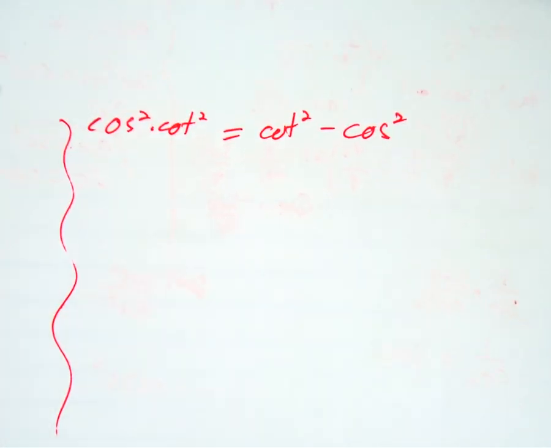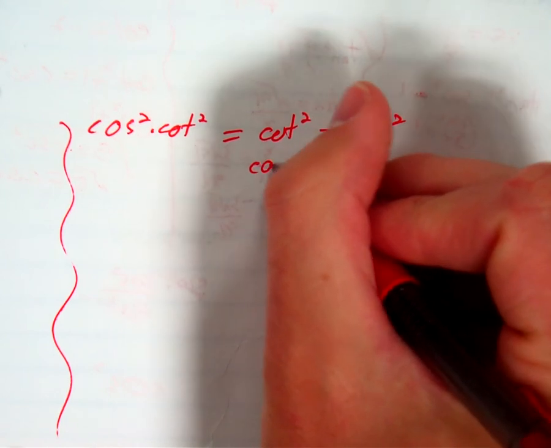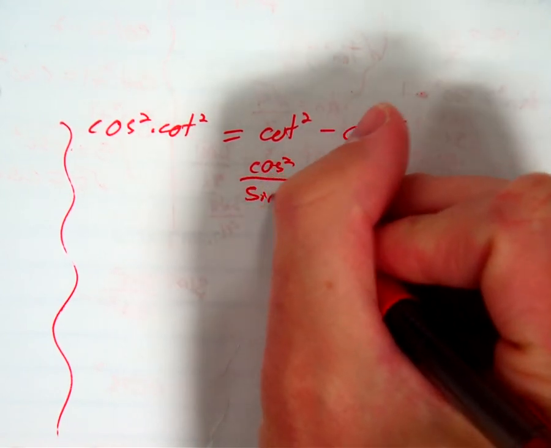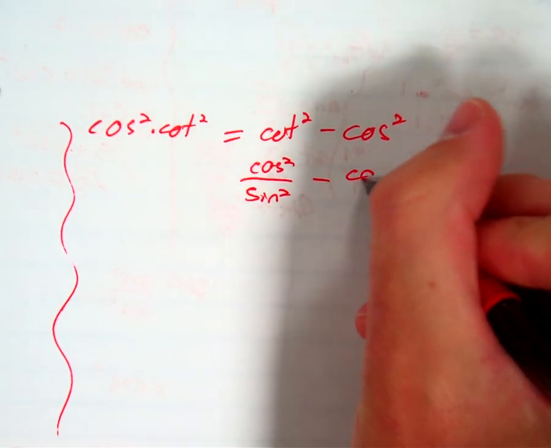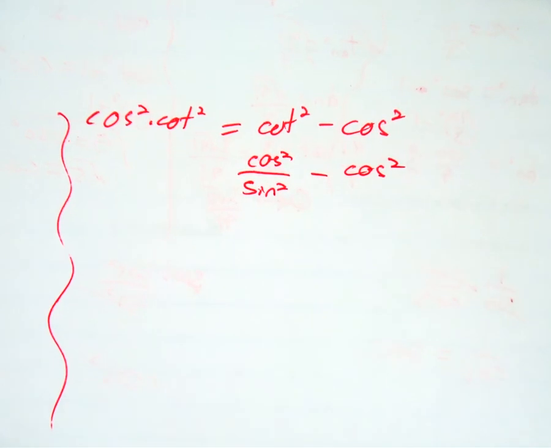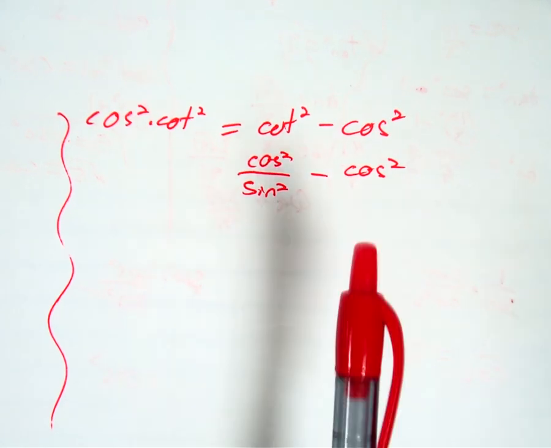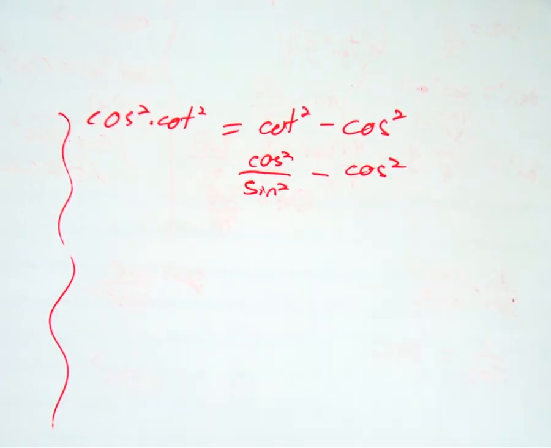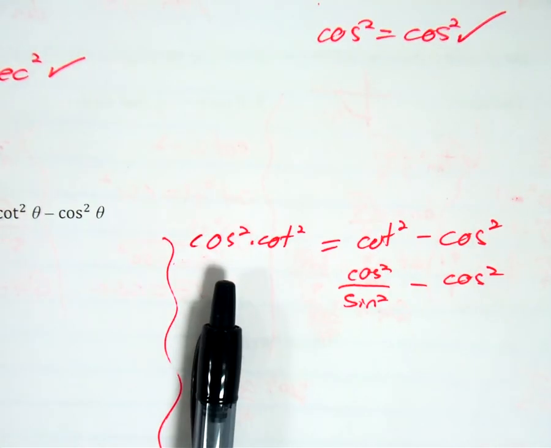Okay, so I'm going to go with the cotangent squared minus cosine squared. We're going to change this to cosine squared over sine squared minus cosine squared. Okay, I'm seeing those two things and I'd like to put them together. The left-hand side isn't separated; it is this multiplication.